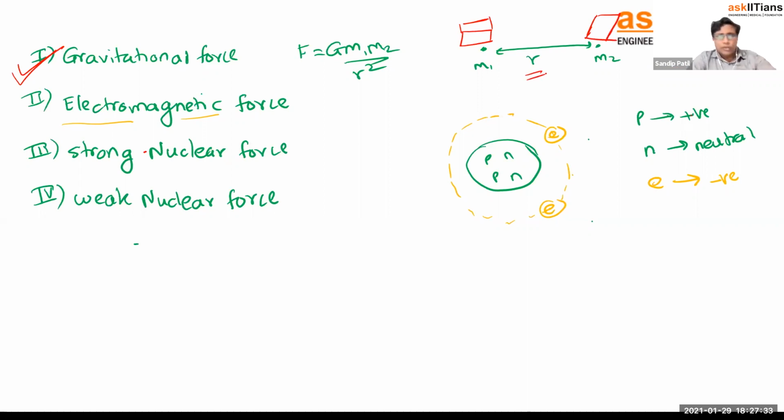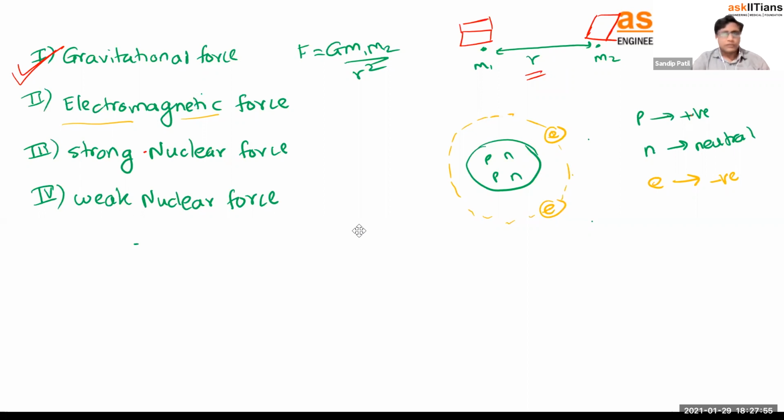Are they getting attracted towards each other? No. Why not? Because gravitational force is very, very weak. This is the reason they are not attracted towards each other. So remember this part very carefully, as in future you are going to encounter this question.